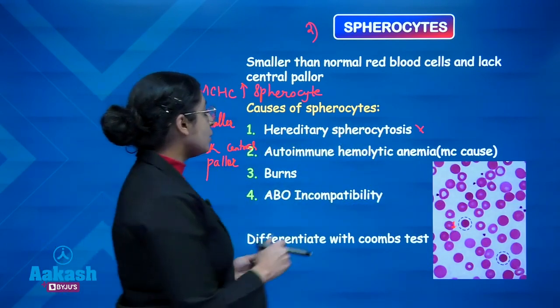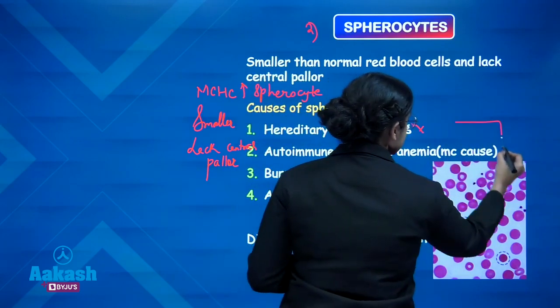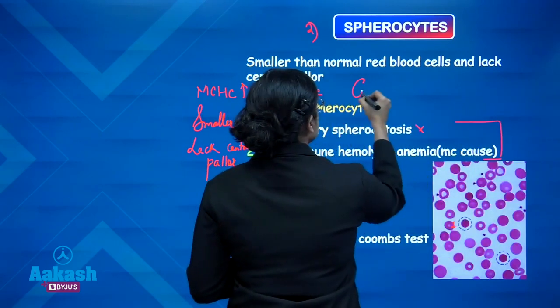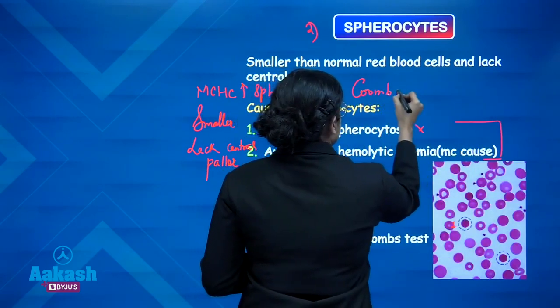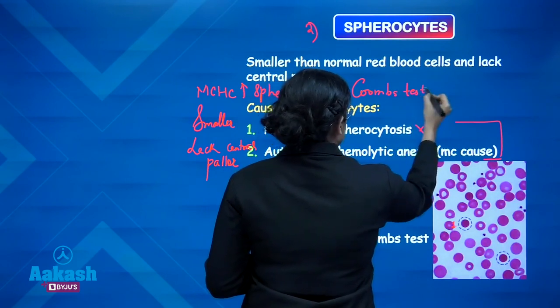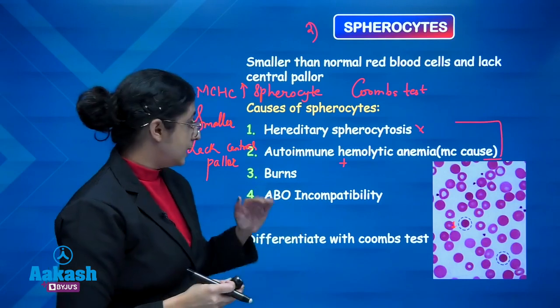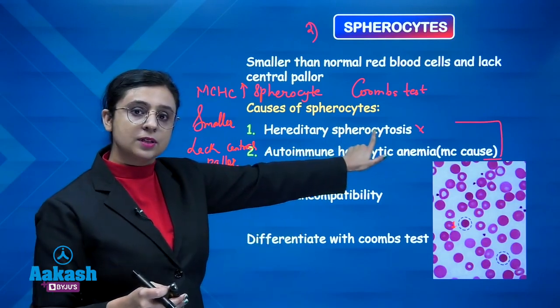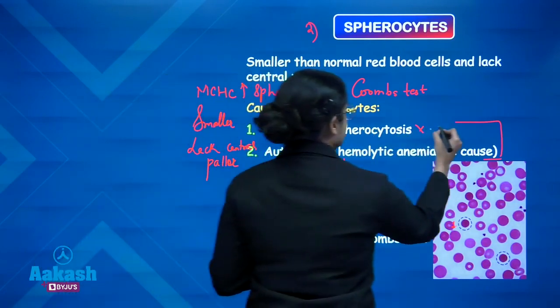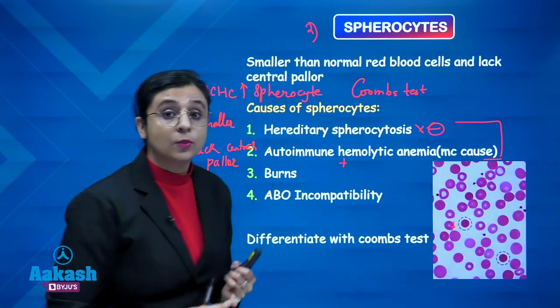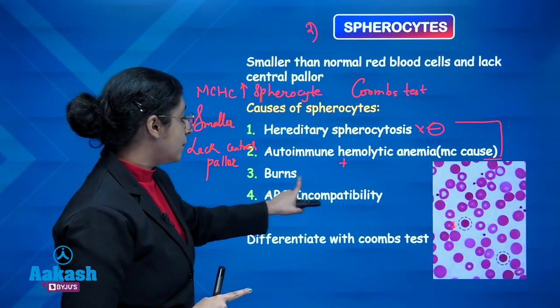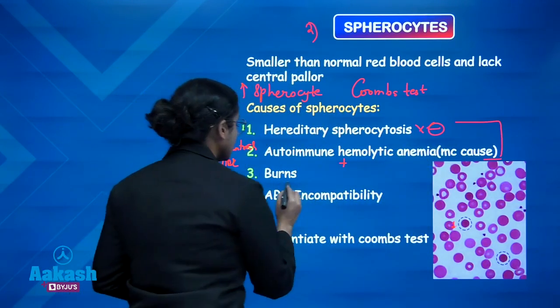Next, can I ask you, how will you differentiate these two causes? With the help of Coombs test. Coombs test will be positive in case of autoimmune hemolytic anemia because it has an immune basis, whereas negative in hereditary spherocytosis. It is also found in burns and ABO incompatibility.